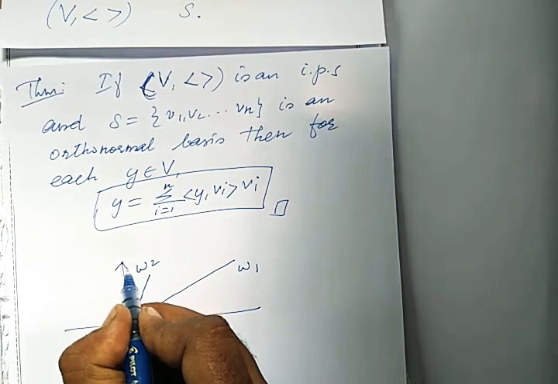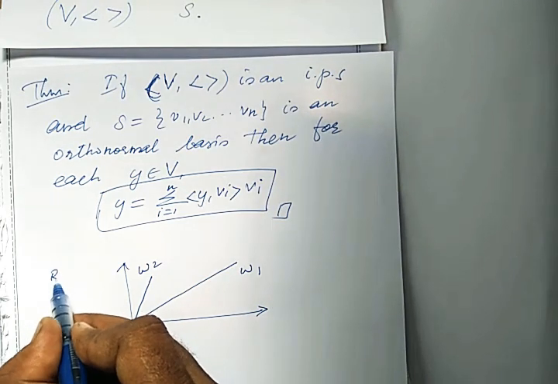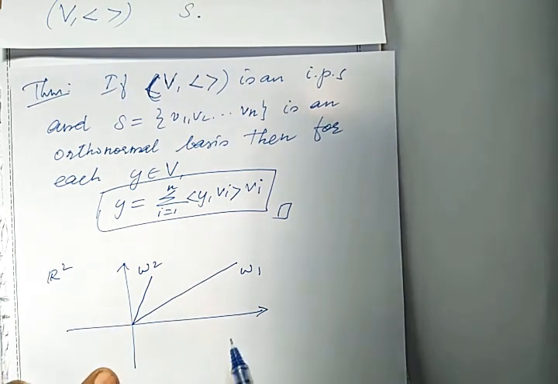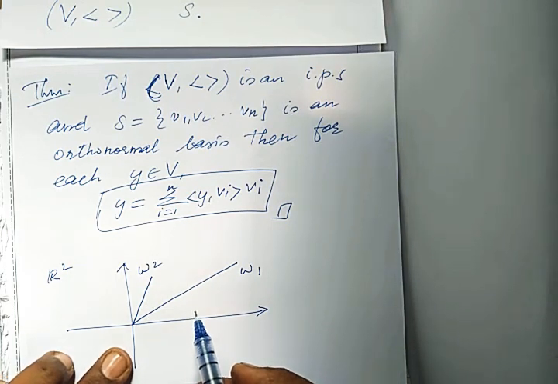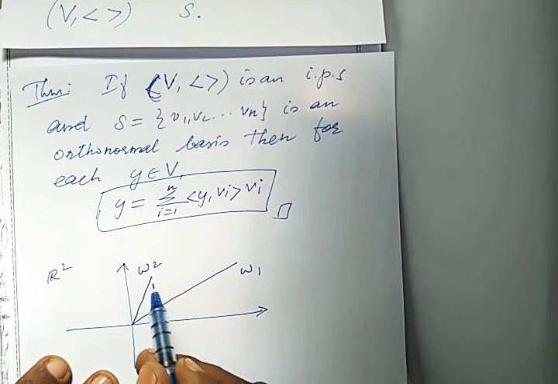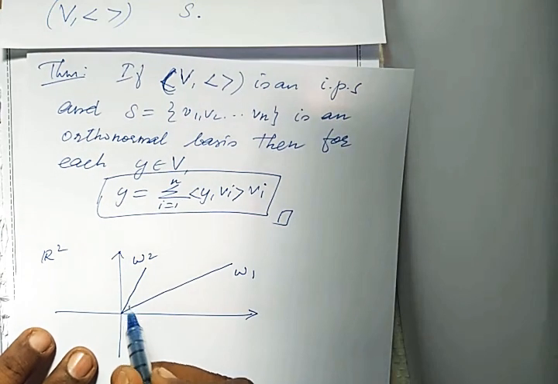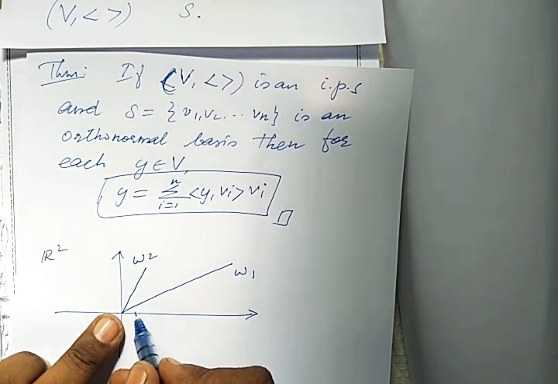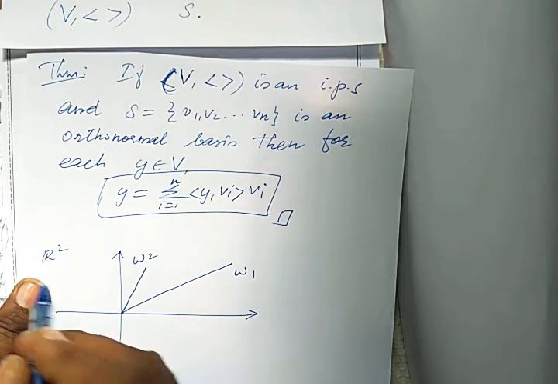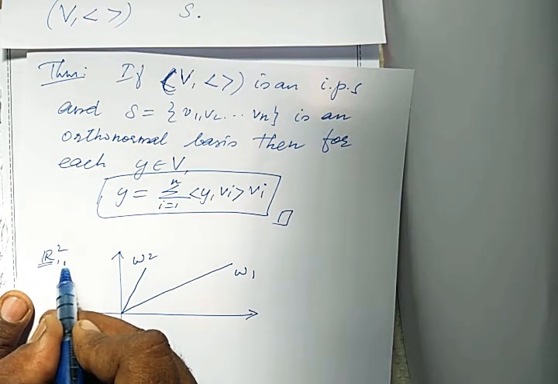Consider this is R2, it is the y-axis, it is the x-axis. Clearly W1 and W2 are independent. Why is it independent? They are not on the same line passing through the origin, right? But see here, they are not orthogonal vectors. The angle between these two vectors is not 90. Consider R2 with respect to the standard inner product.